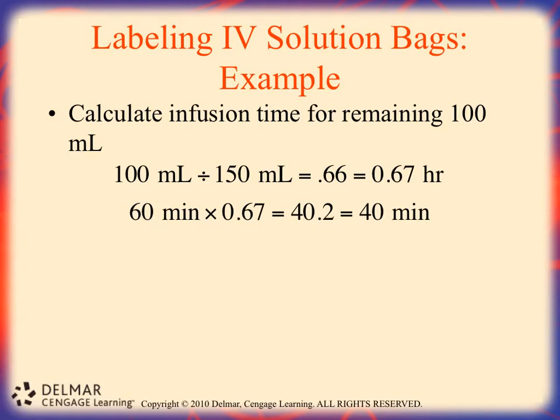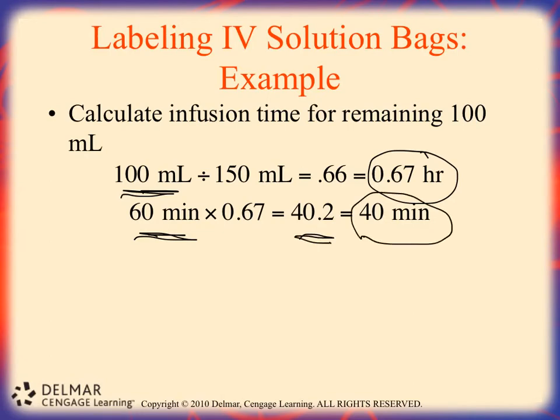We'd take the 100 milliliters, divide by 150 milliliters, because that's how fast it's running per hour. It would take 0.67 hours for that 100 milliliters to infuse. We'd take that fractional hour times 60 minutes, and that would give us our 40.2. We'd round that to 40 minutes.